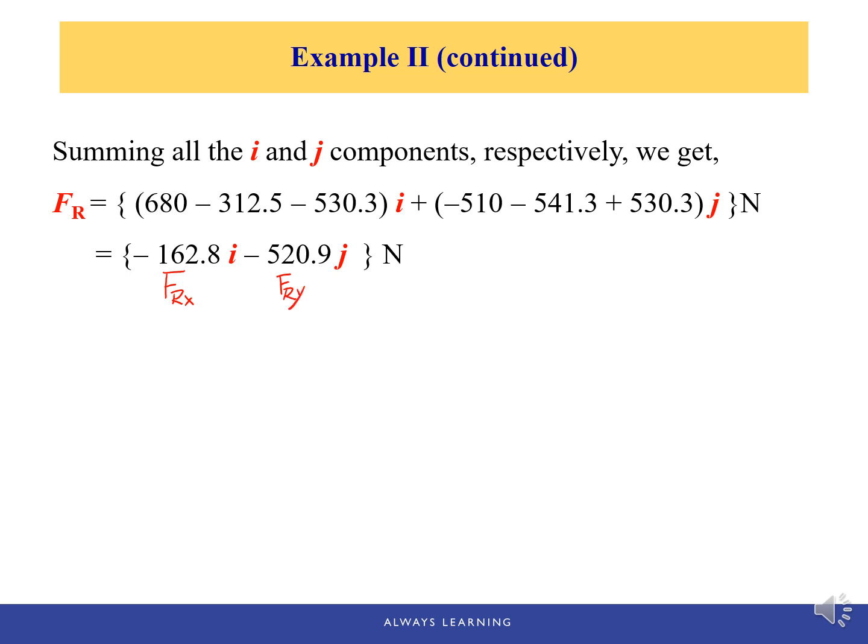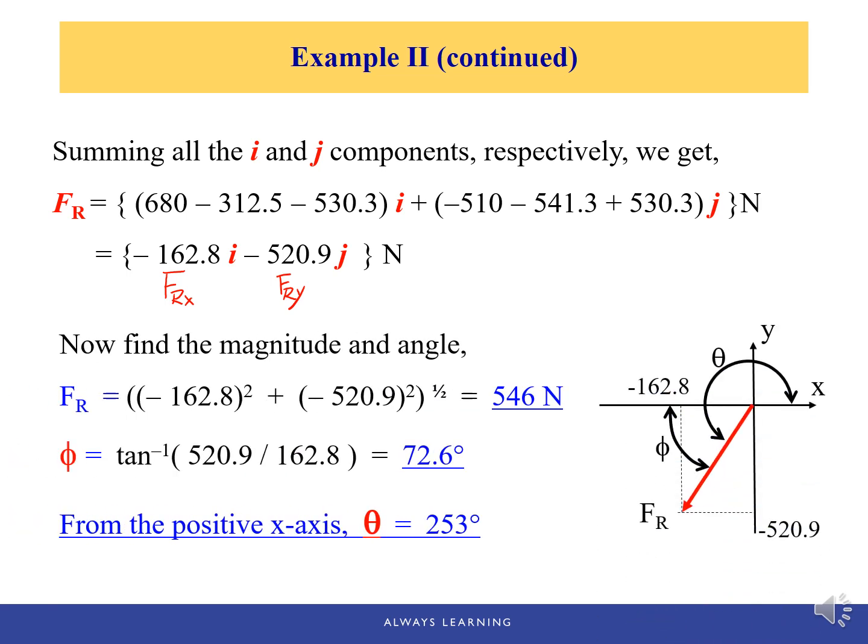Looks like both x and y components are pointing to the negative directions of the x and y axes. To find the magnitude and the direction or the angle, we really need to think about the angle especially. So the magnitude will be simple, right? The magnitude is still the square root of the sum of the squares.